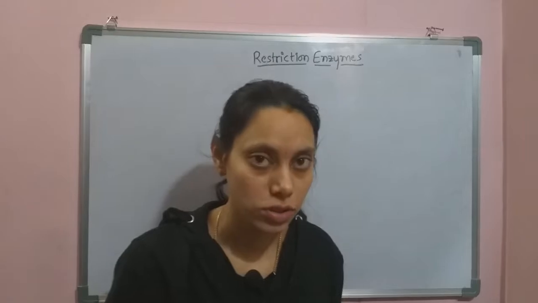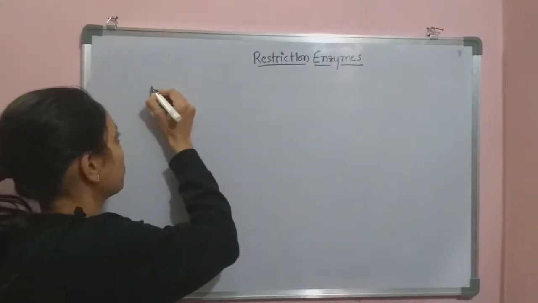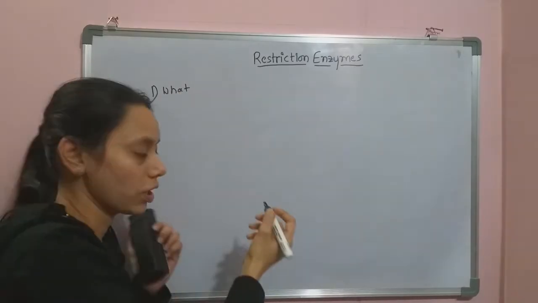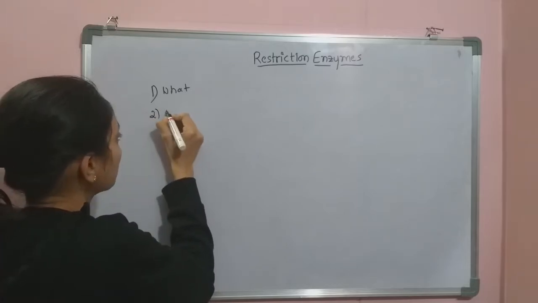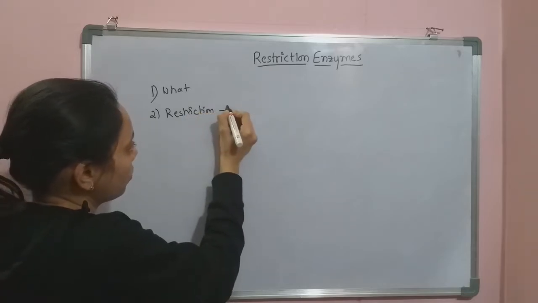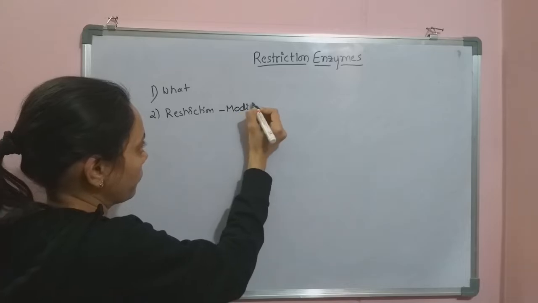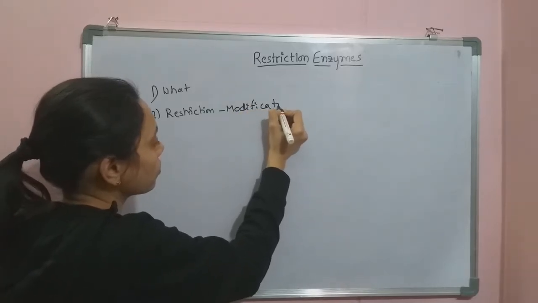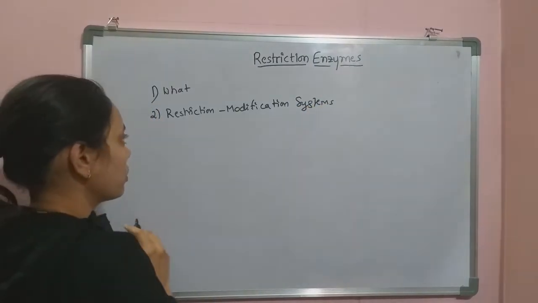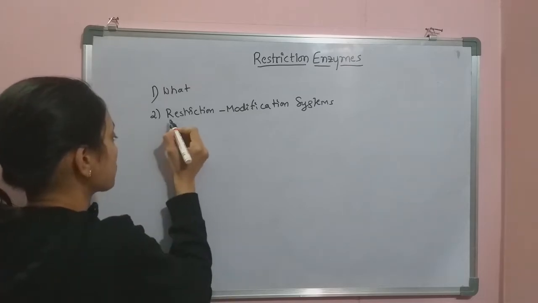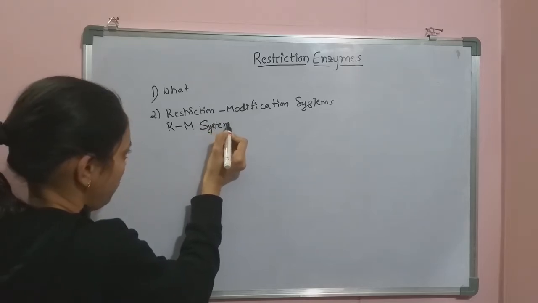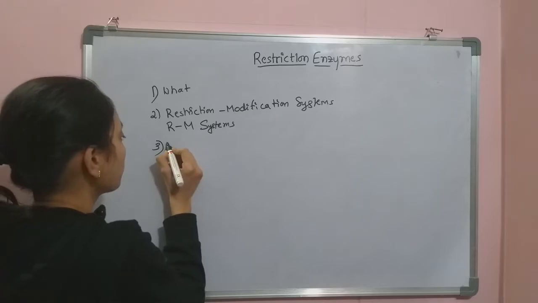So here we are going to discuss what restriction enzymes are and what their significance is, followed by the restriction modification system, or R&M systems for short. The third one is nomenclature.